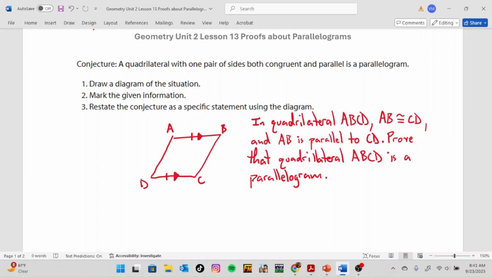And then we go ahead and we finish the conjecture by making the statement that we want proven.